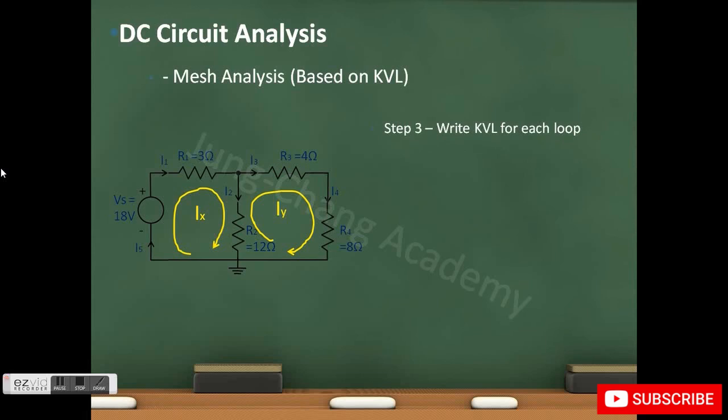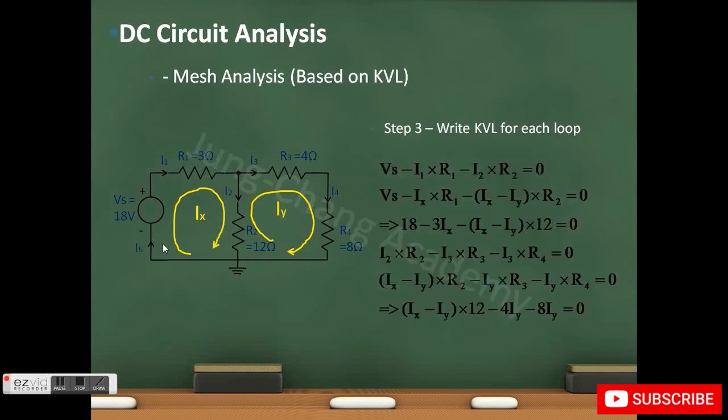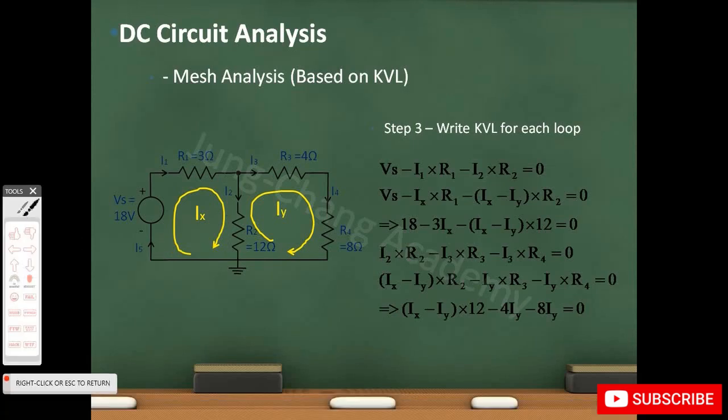Then we're gonna write down Kirchhoff voltage law for each loop using the mesh currents that we define. So in this case, we have Vs minus I1 times R1 minus I2 times R2 equals 0. Now we have to replace I1 and I2 with the mesh currents that we define.